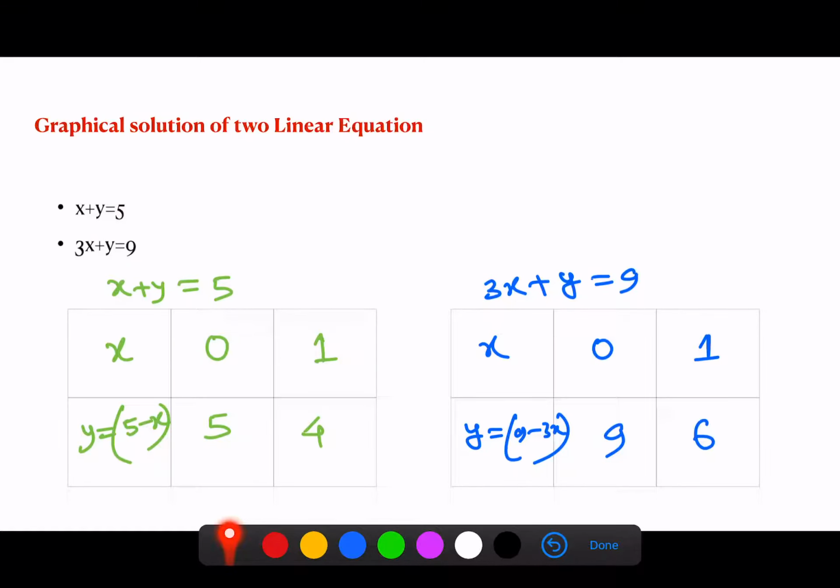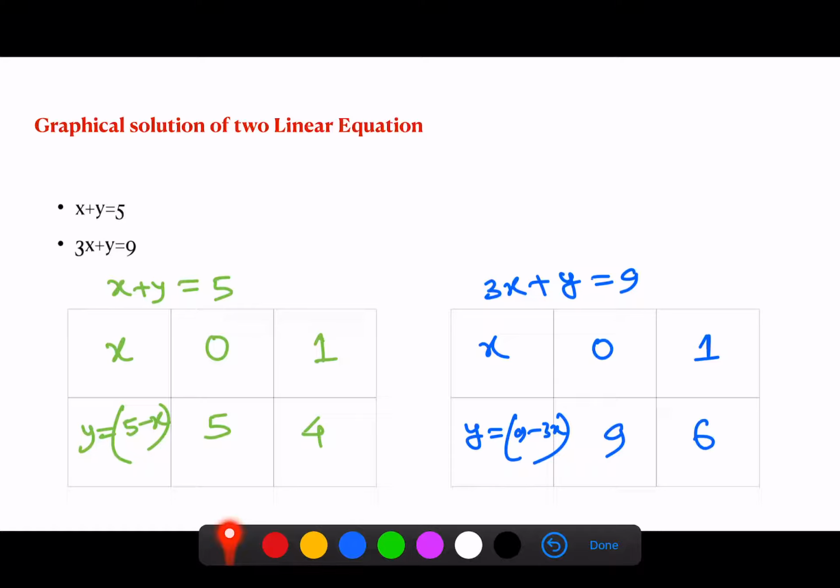Now first of all I am showing you the graphical solution, how to solve two-variable linear equations. I will take two different equations: x plus y equals 5, and another one, 3x plus y equals 9. Now I form a table. First I will choose integer values, and not fraction values, because the calculation is complicated, but it's your choice.